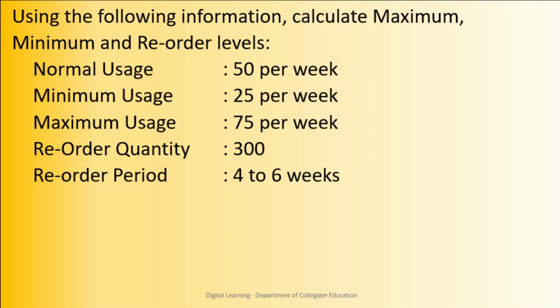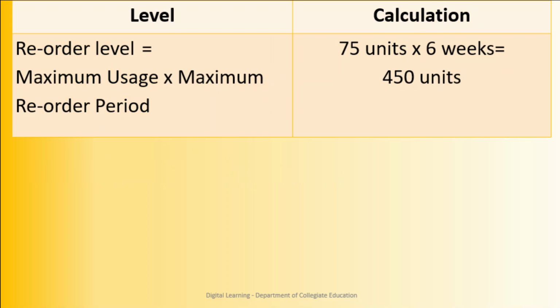In order to calculate the stock levels, we require the reorder level. So therefore, let's first calculate the reorder level. Reorder level is equal to maximum usage into maximum delivery time or maximum reorder period. It's clearly given in the problem.